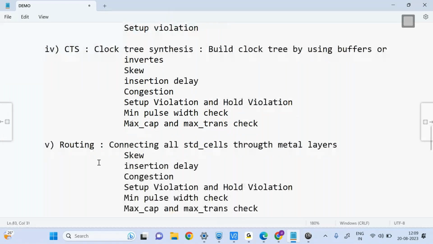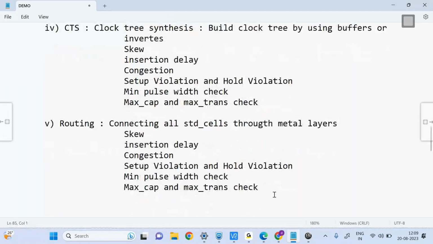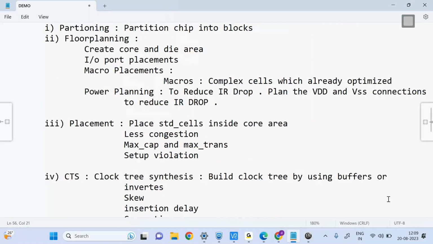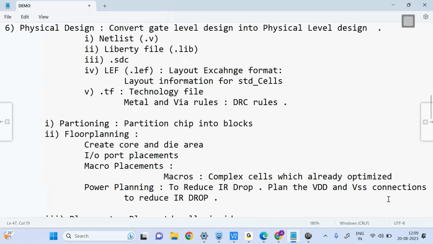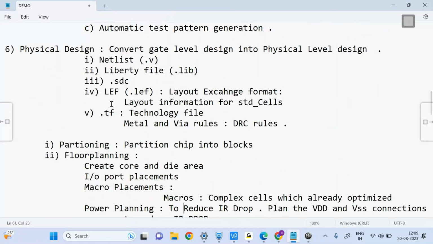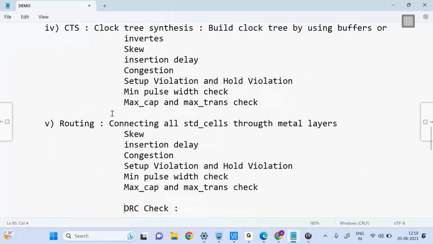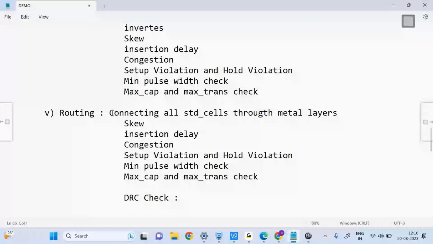Along with these checks, we also do an important check: the DRC check. So what is the DRC check? While routing, we have to maintain the design rules. I have told you various design rules are present. Yes, design rules are present in the TF file. Whether, while routing, I have followed and maintained these design rules or not.